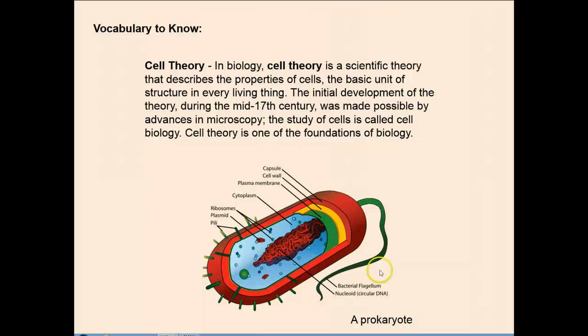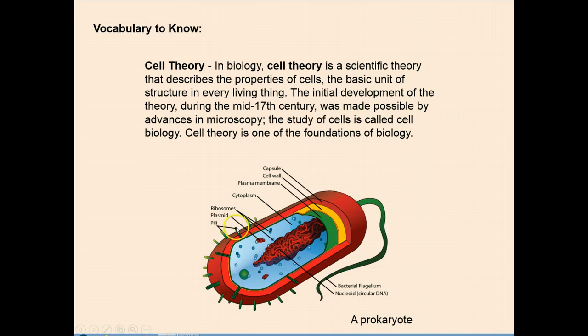But a prokaryote is a very simple cell. Just to review here, it looks like a rubber band that's been snarled up, and it doesn't have any specialized structure, sort of what we saw in the eukaryotic cell with the membrane and the like. This is just floating around in the cytoplasm. We have the cell membrane, or the plasma membrane, the cell wall, and the capsule.